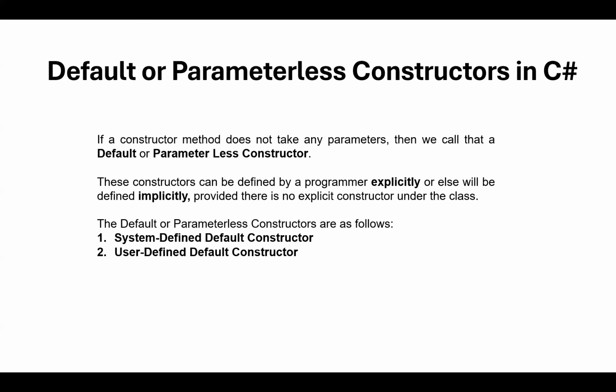So first, the easiest example, it's the default or parameterless constructor, it's an implicit constructor. As we discussed, we have two types of constructor, system defined and user defined.